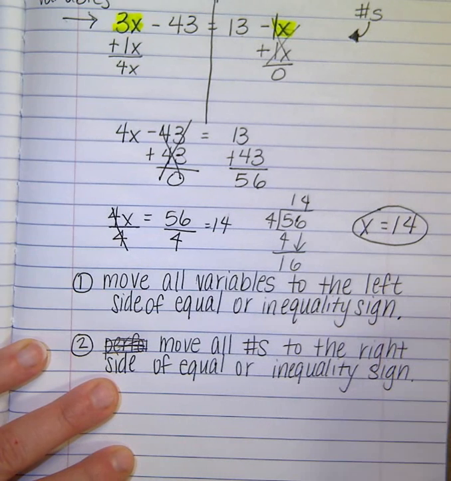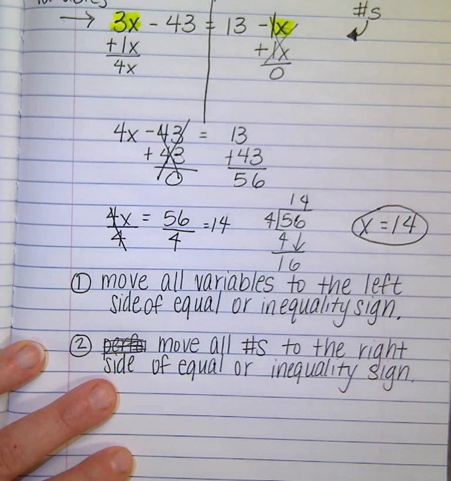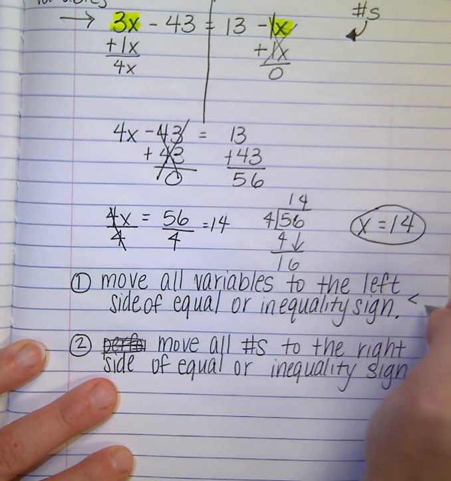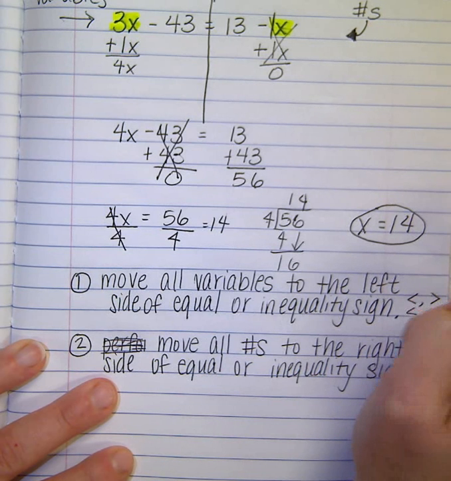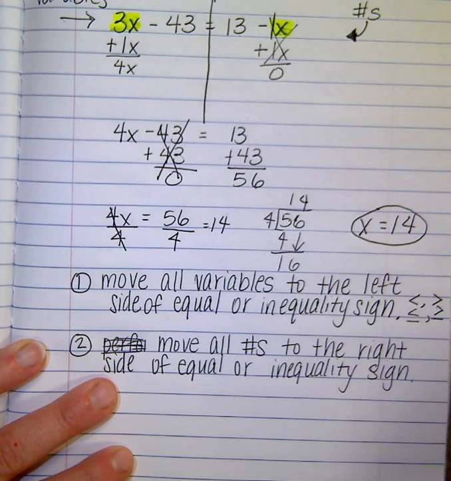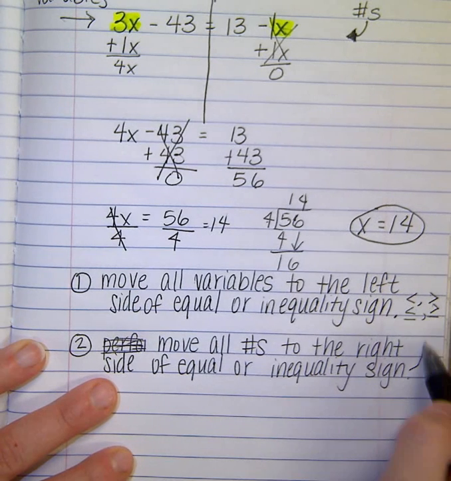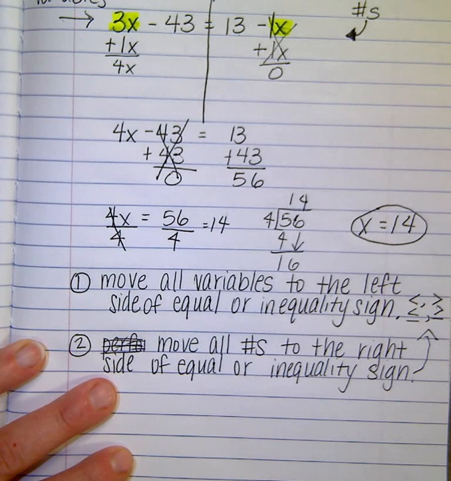And the reason I'm saying inequality is that these are greater than, less than, greater than or equal to, or less than or equal to. That's an inequality sign. Okay? You use the same rules when you're solving these.